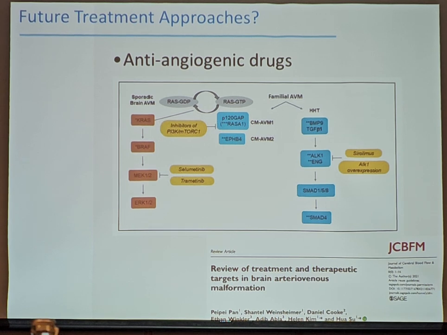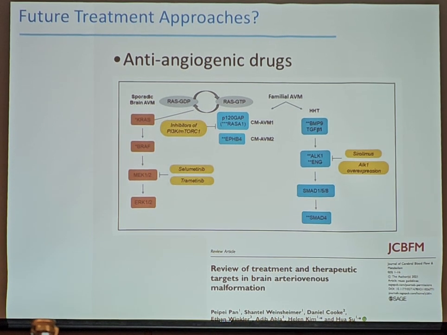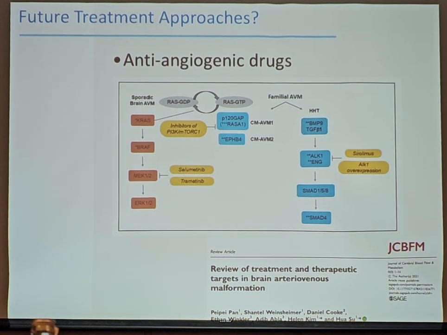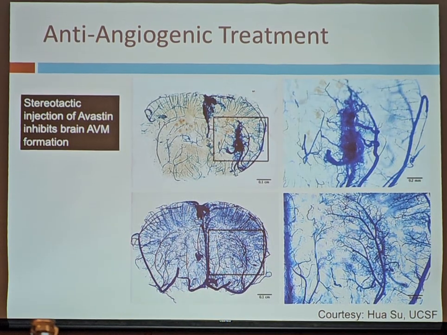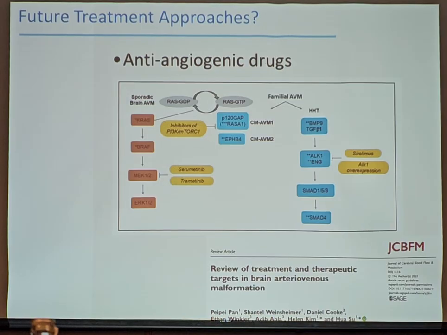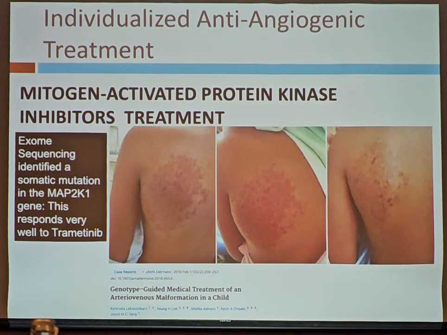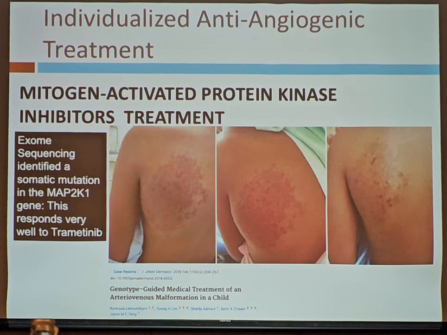And this KRAS pathway has a couple of subsequent steps, the BRAF and the MEK, where we can use MEK inhibitors. Now, here was, of course, the picture that I showed you for the HHT, but here are the MEK inhibitors, mitogen-activated protein kinase inhibitors, or trametinib.